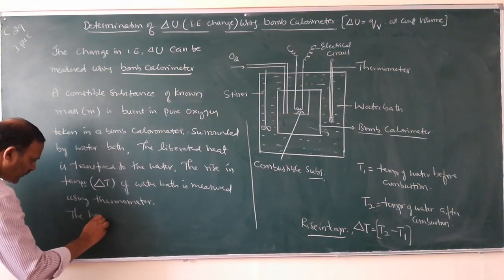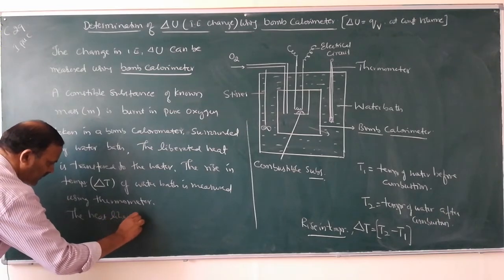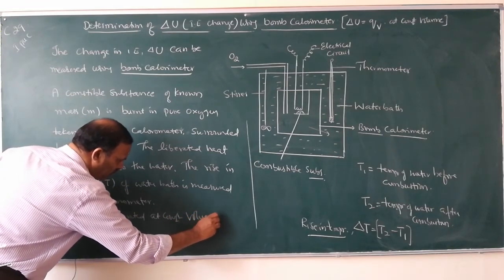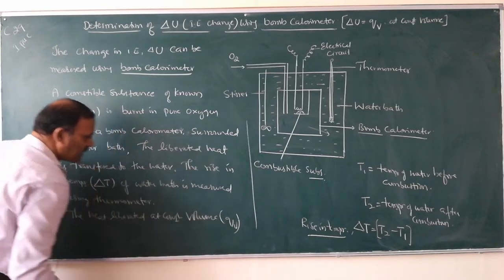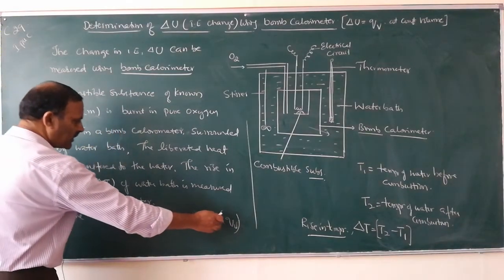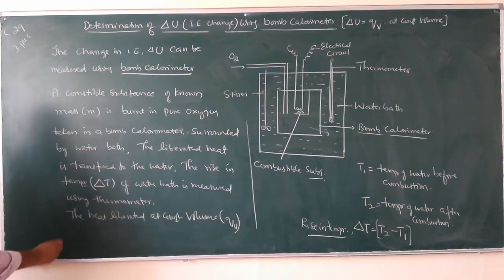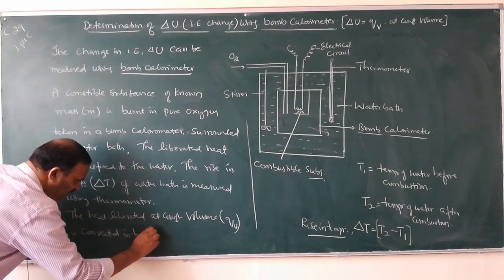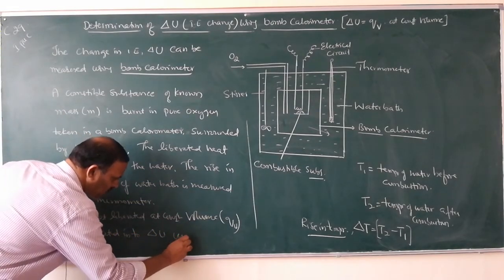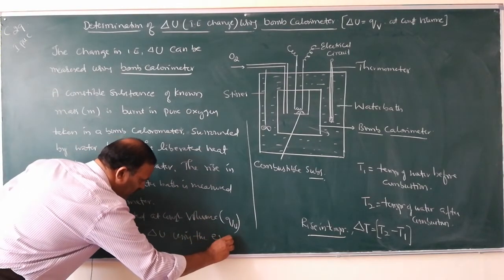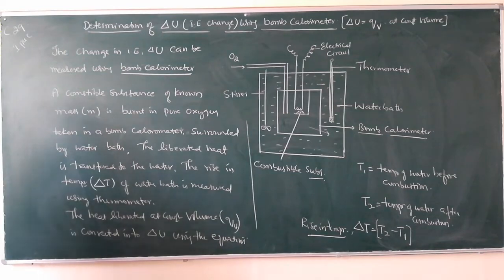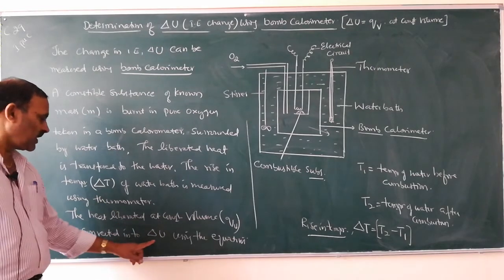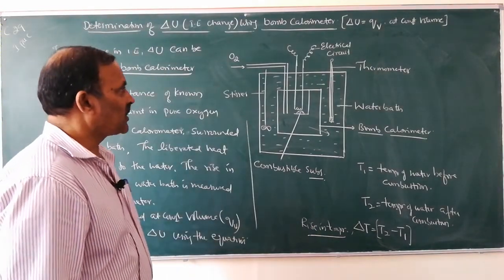The heat liberated at constant volume, you mention it as QV, is converted into delta U using the equation.